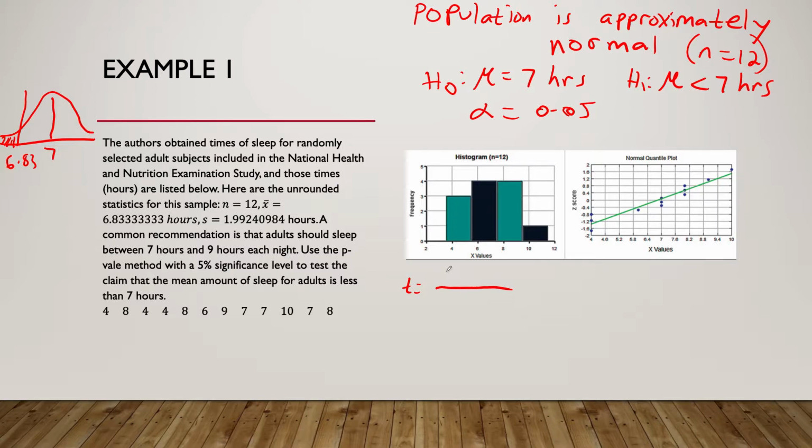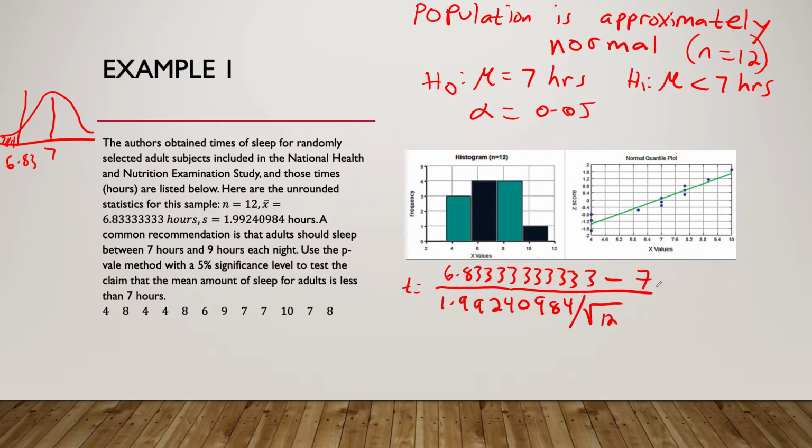This is defined as the sample mean, 6.8333333333, minus 7, divided by 1.99240984 divided by the square root of 12.